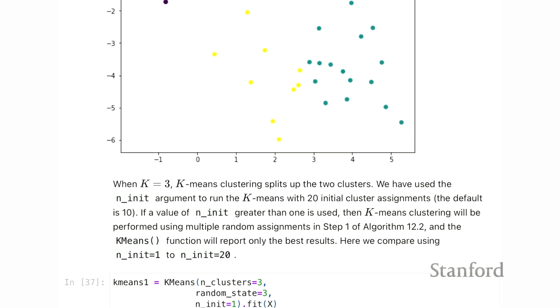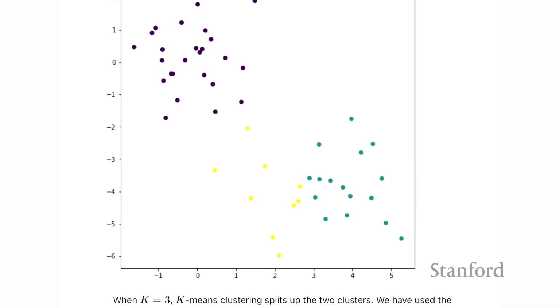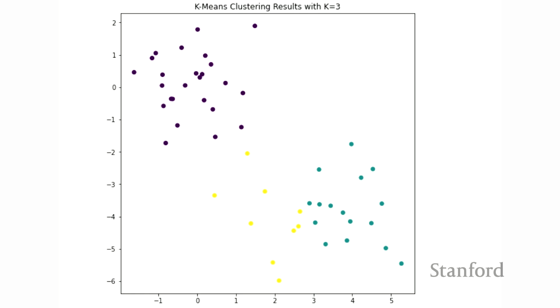Okay. One of the arguments we talked about in the estimator is this n_init argument. Recall that the way the k-means algorithm runs, as discussed in the lectures, is that there's an initial random assignment to clusters, and then the algorithm tries to incrementally improve the within cluster sum of squares, that is, make it as small as possible by swapping points between clusters.